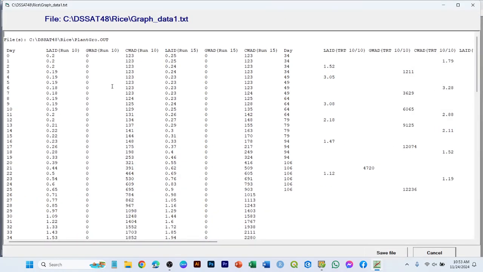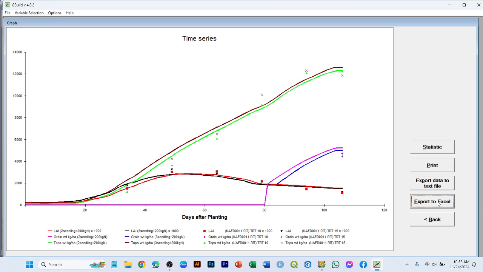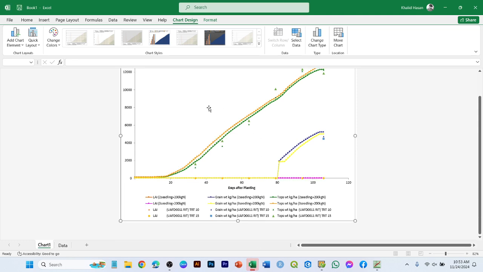Look, these are the values, exactly the same as we displayed over there. Say for example, RMSE, I will show you again.